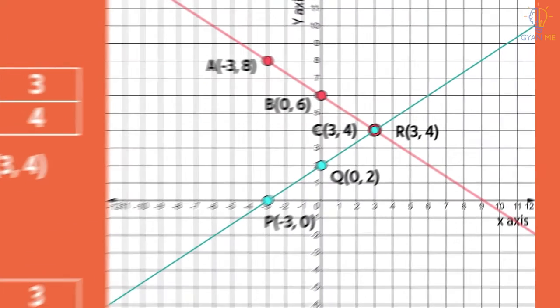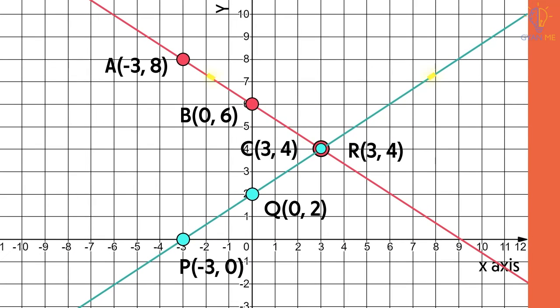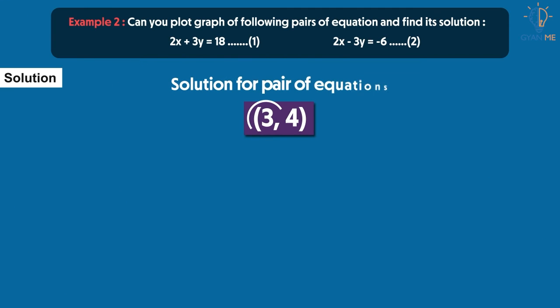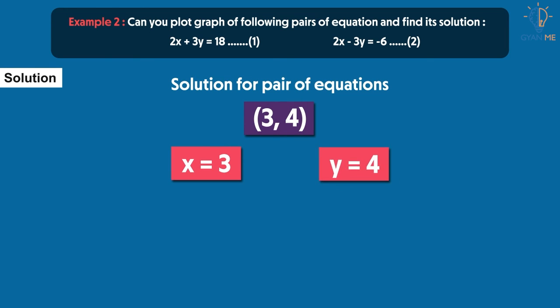We find that both these lines intersect at a unique point or a common point. The coordinates of this point, 3 and 4, are the required solutions of our equations. As we know that first coordinate is the value of x and second coordinate is the value of y, we have x is equal to 3 and y is equal to 4.